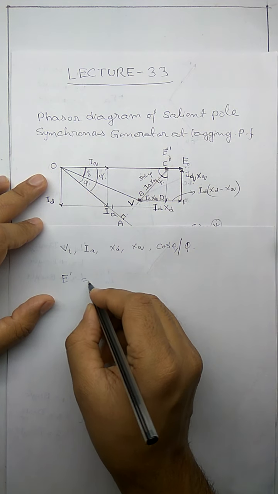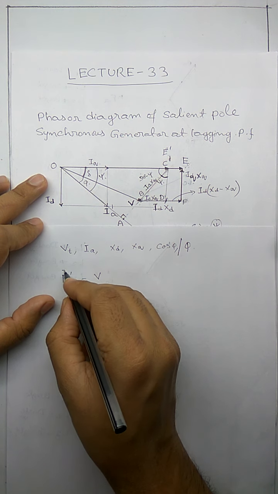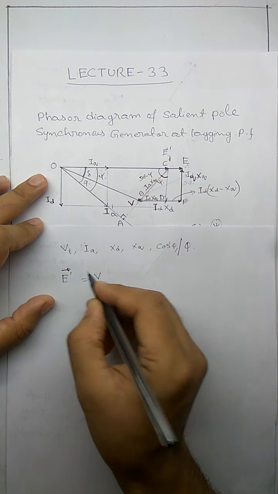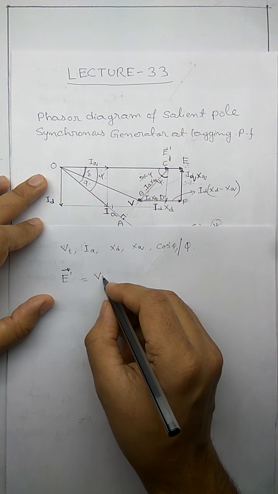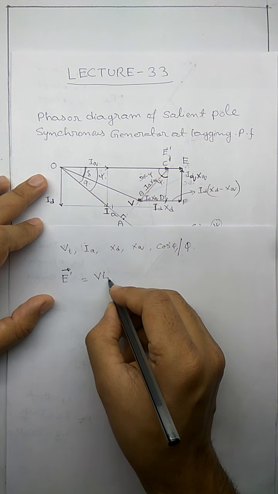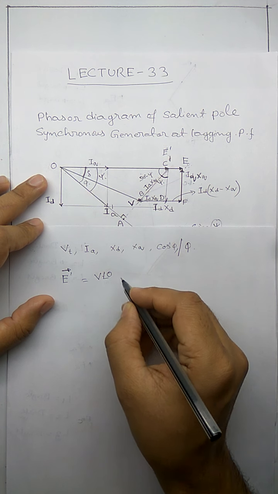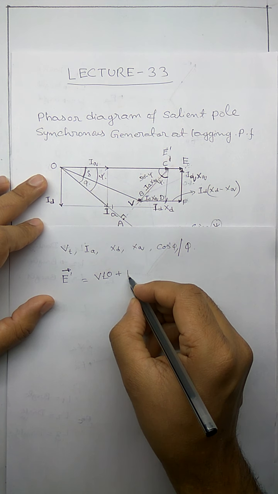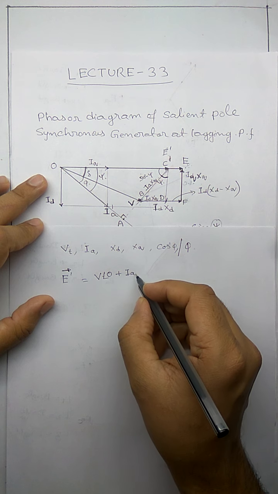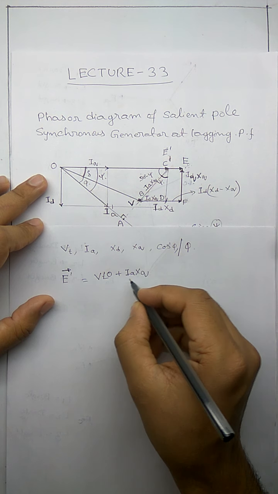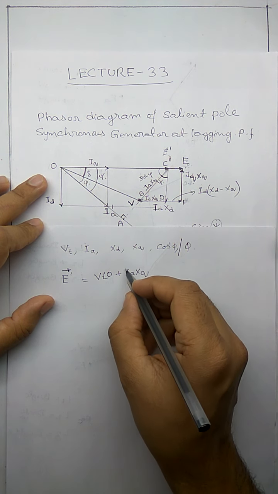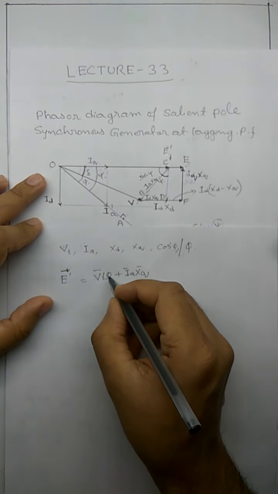What is E dash? E dash equal to V, I am writing this as a vector, V at an angle 0, we will take this as reference, plus IA XQ. So all these are vectors.